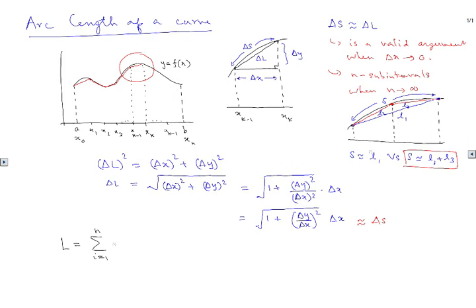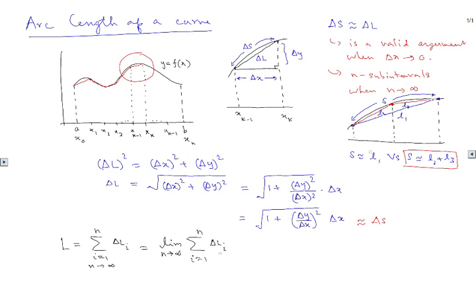You add such small delta L, which I'll call delta L i, the ith part. And then we need to send n to infinity, so we put the limit in front: the limit as n goes to infinity of the sum of all those lengths, delta L i.